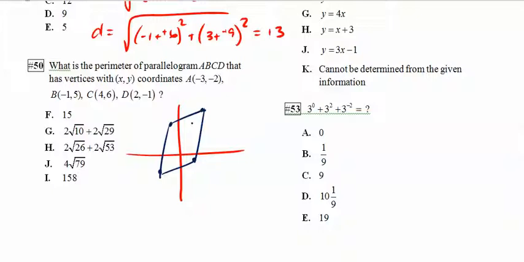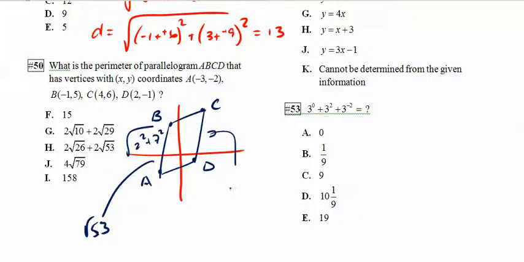This is a distance formula again, but I'm just going to label them A, B, C, D. So from A to B is 2 over from 5 to negative 2 plus 7 squared. 4 plus 49 is 53. So this side is root 53.